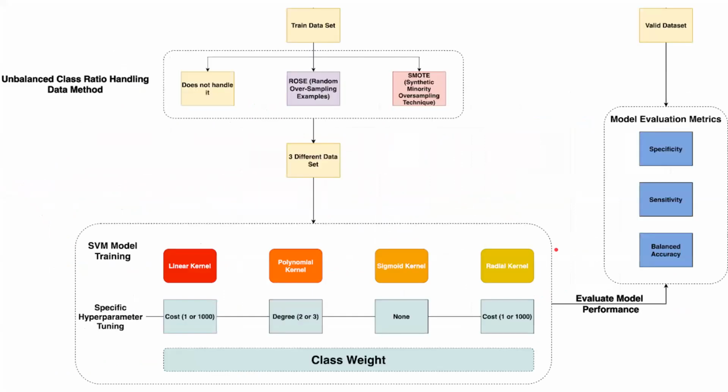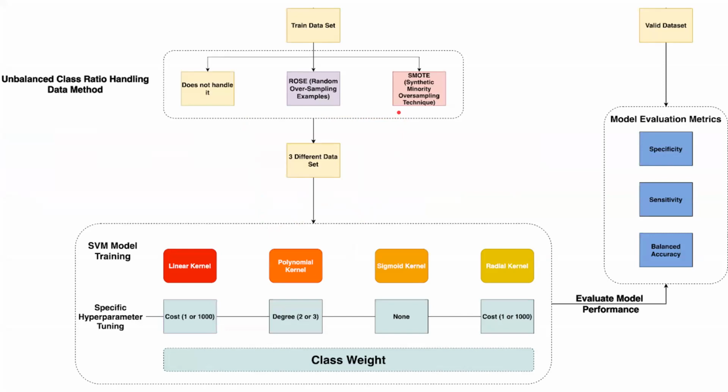So the first strategy is to handle the imbalanced class ratio using ROSE and also SMOTE techniques. Then we will get 3 data sets. The first one is without the imbalanced class ratio handling, the second one is using the ROSE technique, and the third one is using the SMOTE technique.